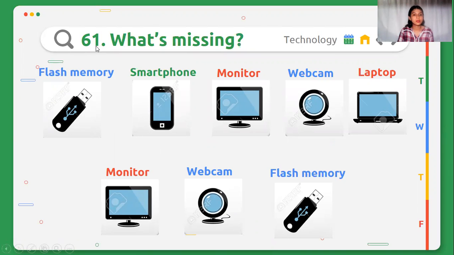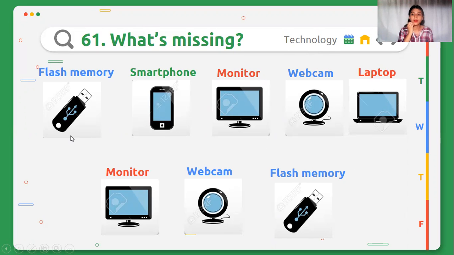The next is number 61, what is missing. I use the topic about technological devices, to be more specific.